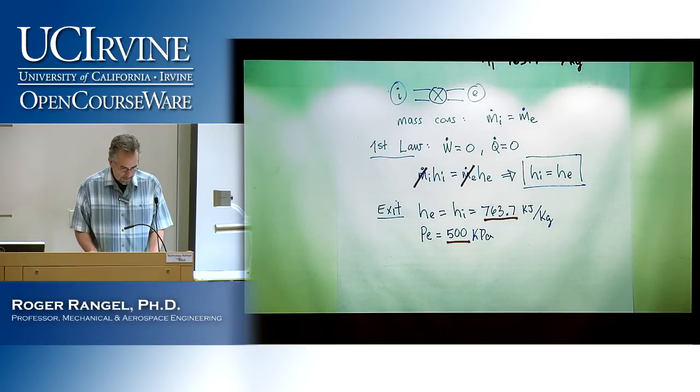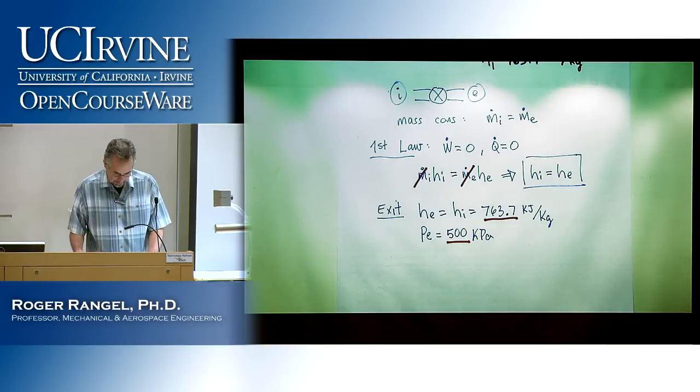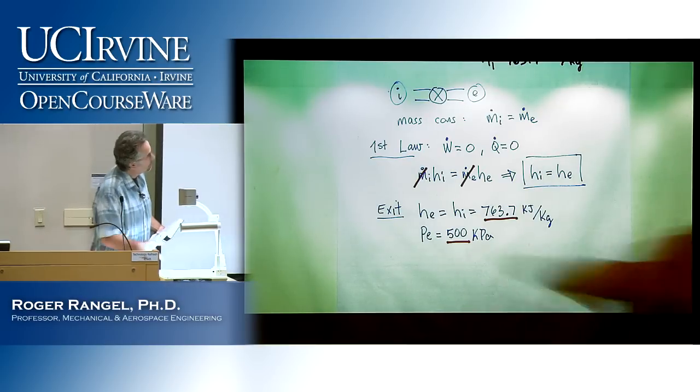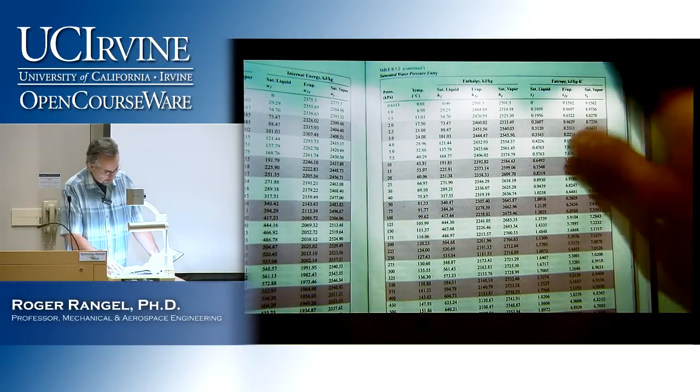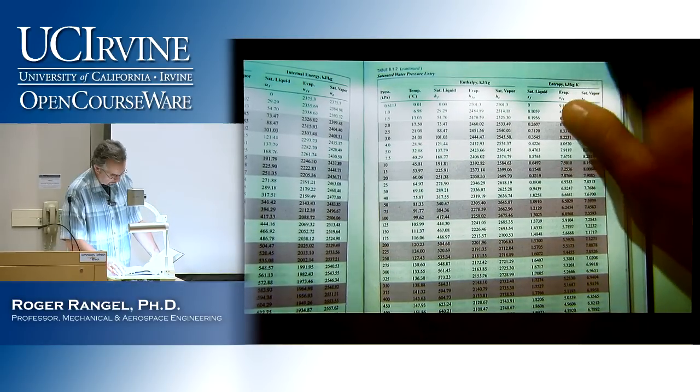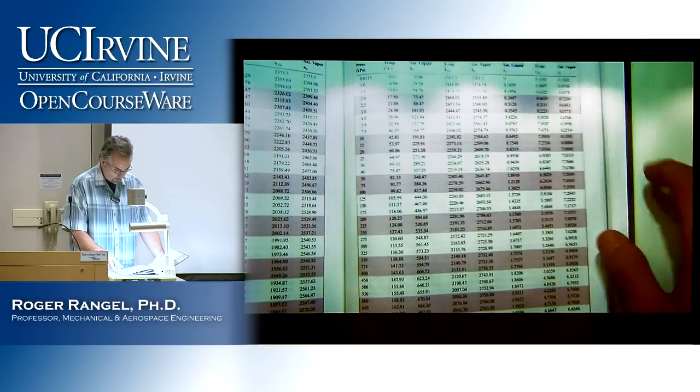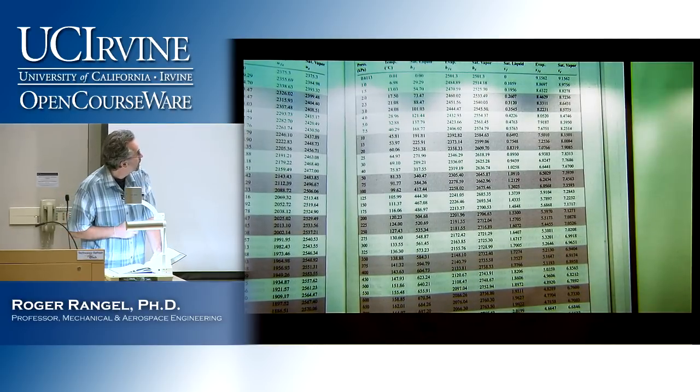So table B12, and you need to enter that table at 500 kilopascals, because that's our pressure. If I enter that table at 500 kilopascals, it's actually here near the bottom.